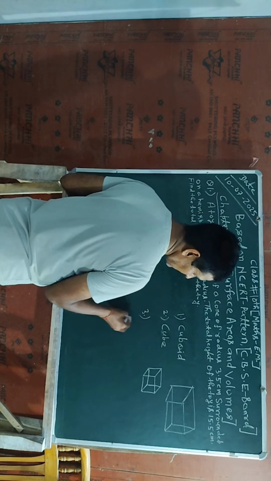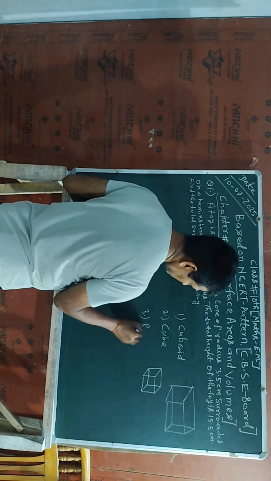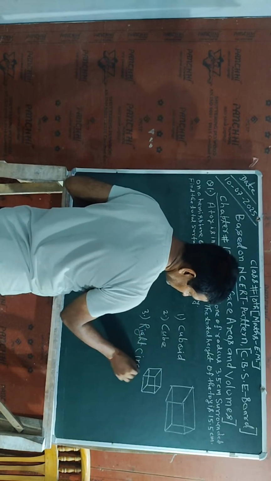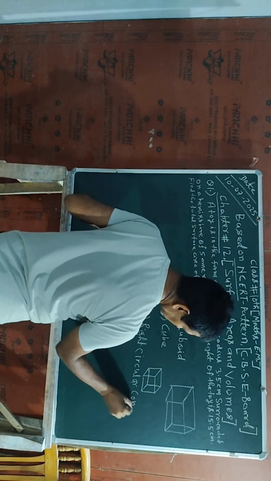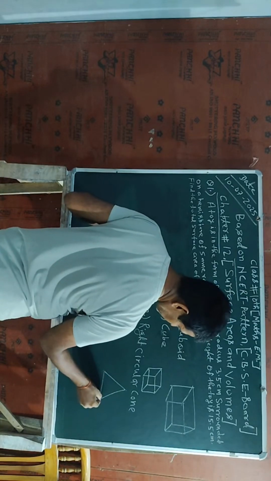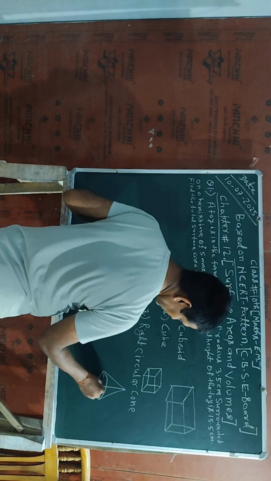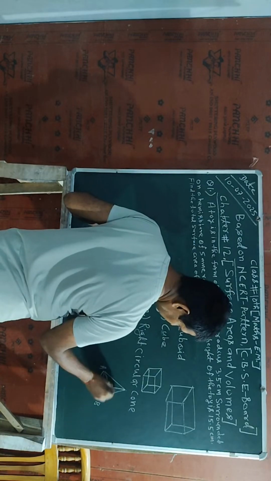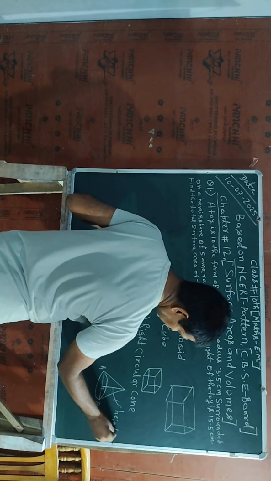And the third figure I have already explained there: the right circular cone. It means that here I will take a shape and that shape will be of this type. Now here I will draw a line which is perpendicular to length AB, and this length I will say is the height.